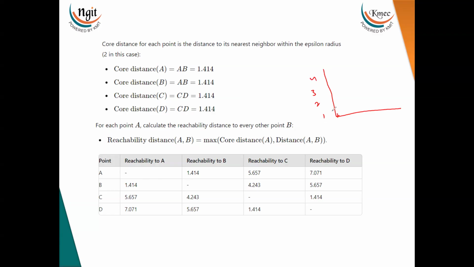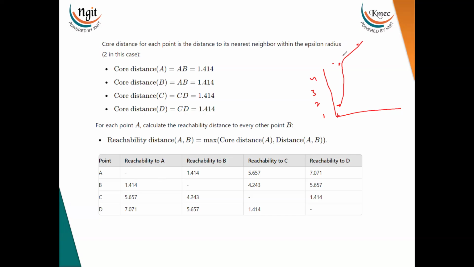The reachability of this will be infinity, because we are just starting. Now from A to B, the reachability is around 1.414. Similarly, from A to C, the reachability is around 5.657. Again, we have 7.071.